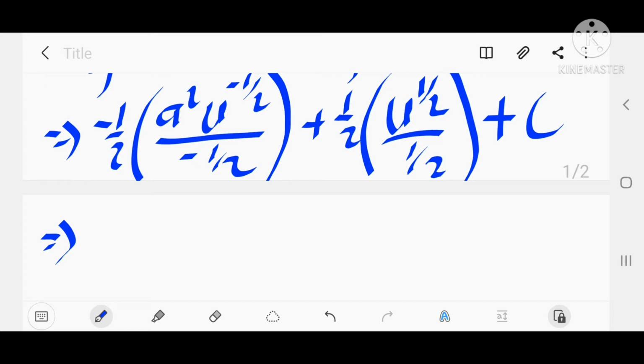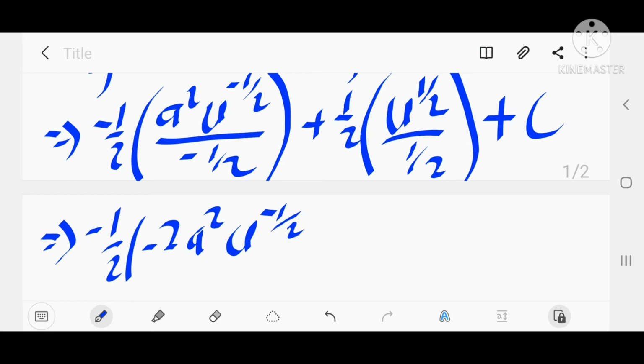So for this side we have negative half, bracket open, negative 2 a squared u exponent negative half.